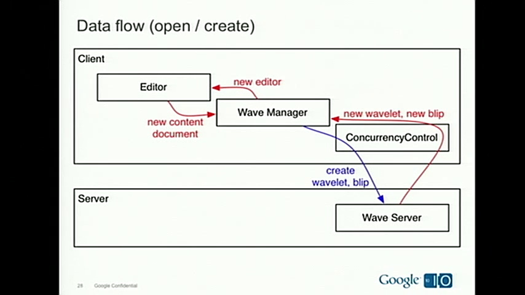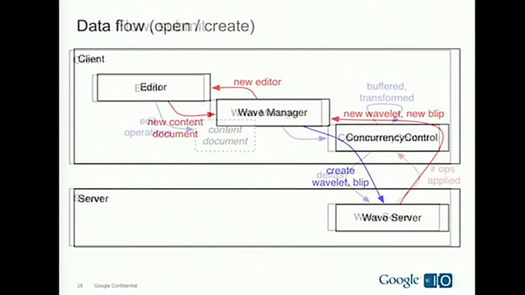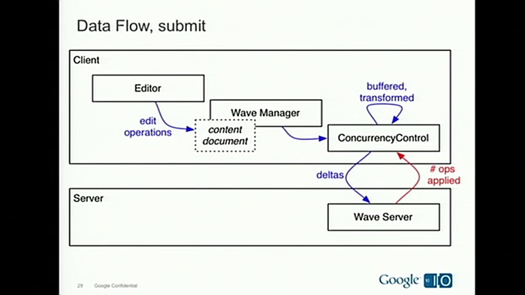The Wave server replies to that create request, and the concurrency control creates a new wavelet, a new blip, a new editor from the Wave manager, and the editor then hooks up its document to the document that's generated by the concurrency control stack. And then from that point on, edits to the editor will flow through the content document and down through concurrency control, where they're buffered if necessary and transformed, and then down into the Wave server. Yes, and the Wave server itself then communicates with other Wave servers if necessary, as Jochen will tell us about.